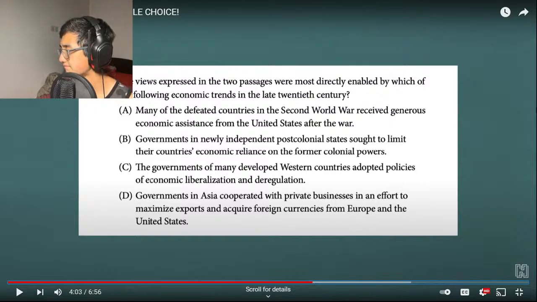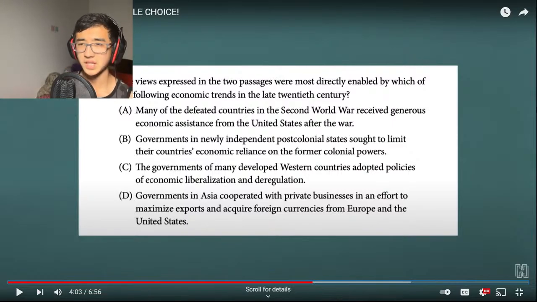So A, many defeated countries in the Second World War received generous economic assistance. Not exactly, I don't think. But actually it's kind of true. But it doesn't really fit the context of the two passages. B, governments in newly independent post-colonial states sought to limit their country's economic reliance on the former colonial powers.